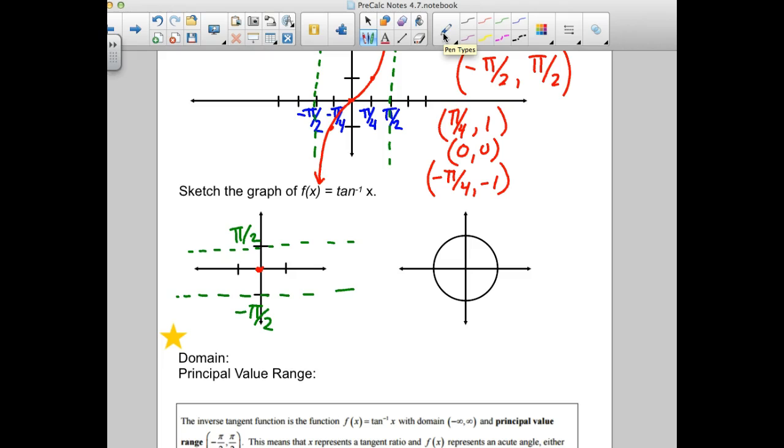So if we reverse those x and y's, at negative 1, we are at negative pi over 4. We're at 0, 0, and at positive 1, we're up at pi over 4. So we have this twist, but it's more a horizontal twist instead of a vertical twist.